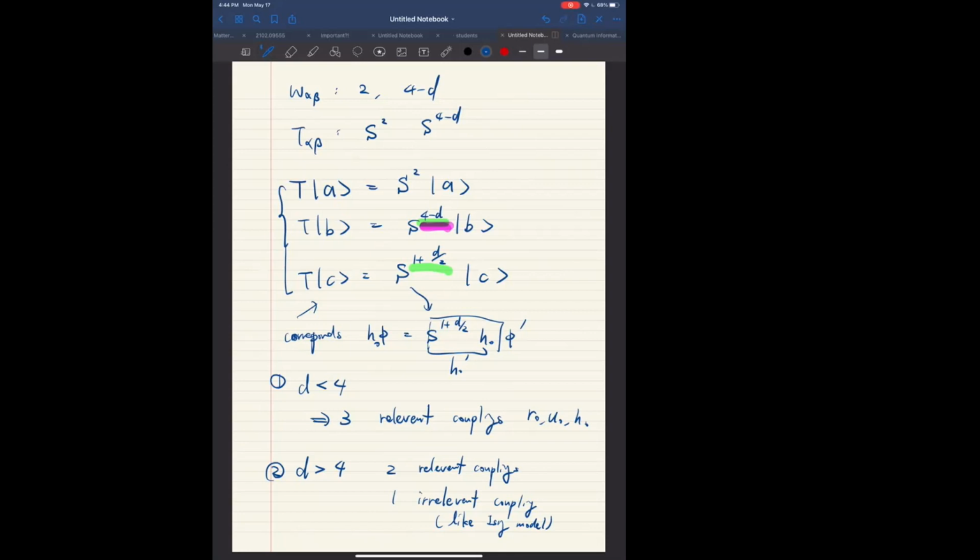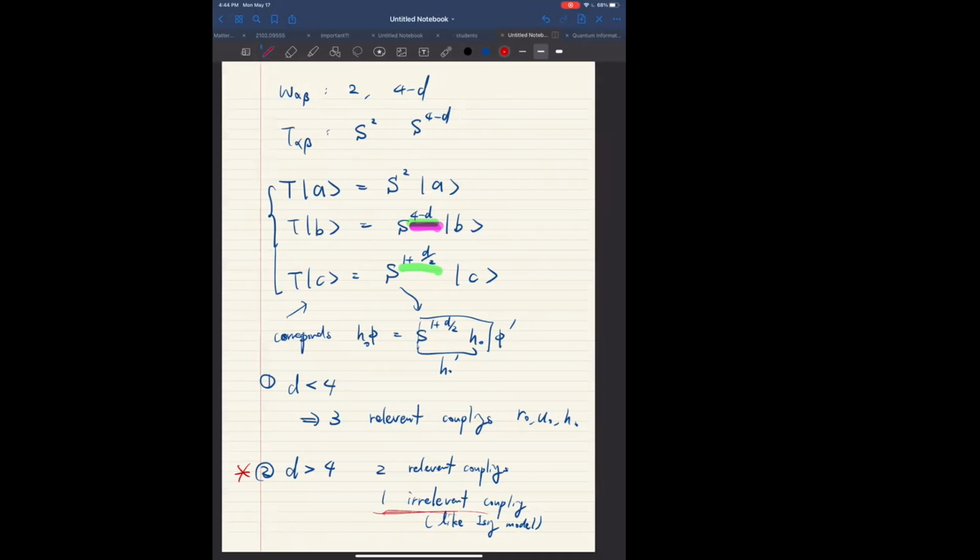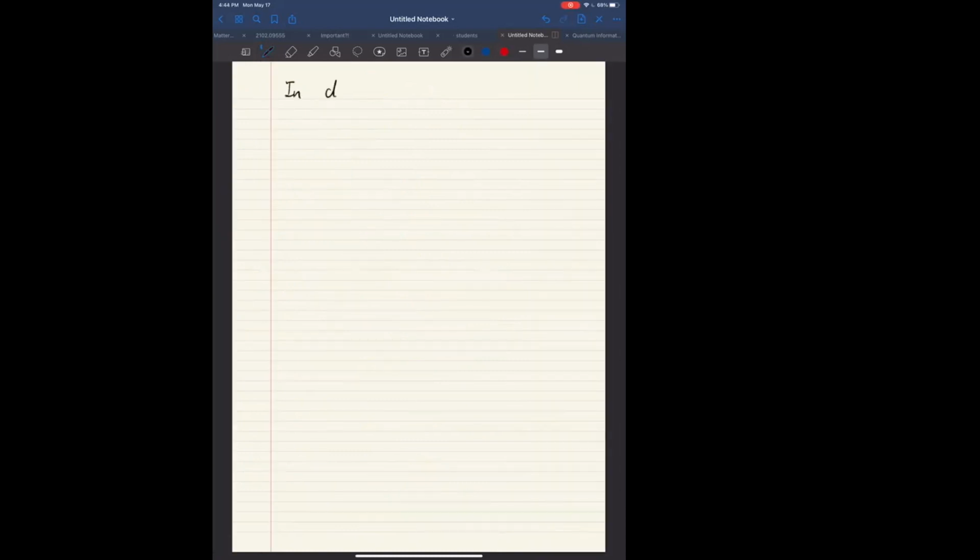So now we start to analyze the d greater than 4 physics, which is easier because we know the irrelevant coupling will flow into a Gaussian fixed point. So the picture we have in d greater than 4, we have this kind of parameter space, which has R0, U0, H0. This is the Gaussian fixed point.